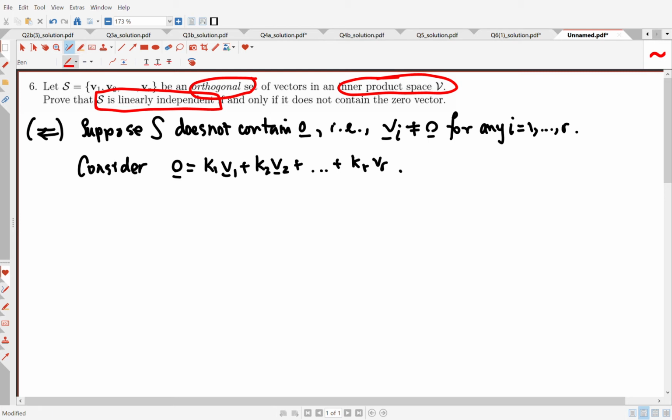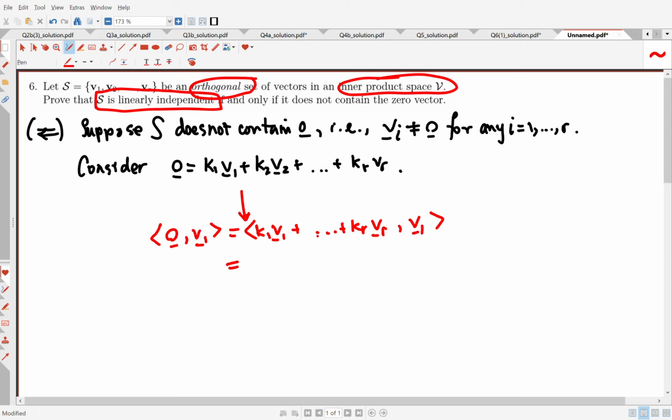Let's try to think, what if I take the dot product, I mean the inner product, of both sides with V1? I will get the inner product of 0 and V1 equal to the inner product of k1 v1 plus and so on until kr vr with V1.